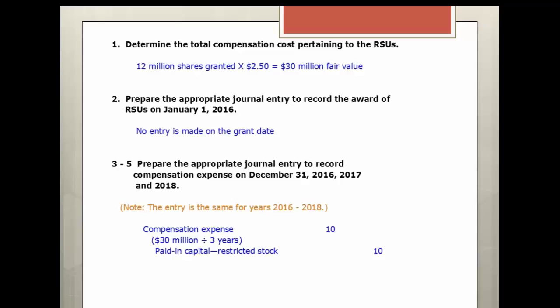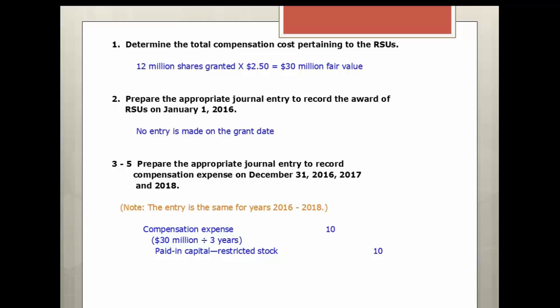When we grant these shares to be paid 3 years later, there is no journal entry. But we do have a journal entry at the end of each year. At the end of 2016, the first year, we have a debit to compensation expense of $10 million.